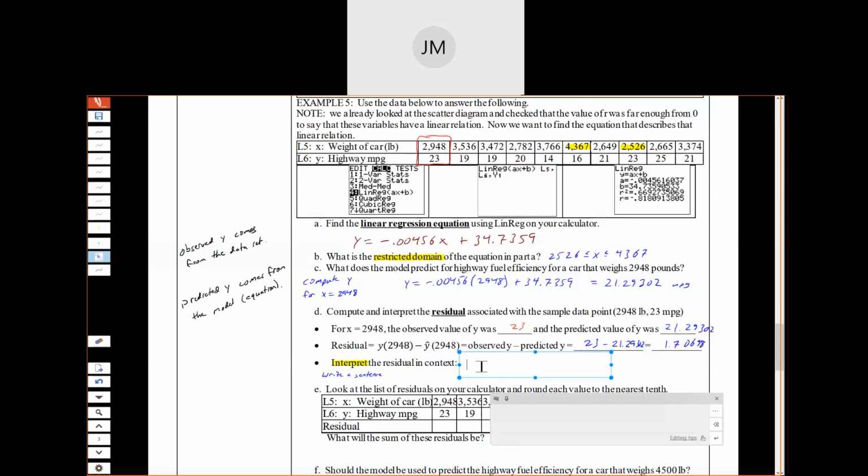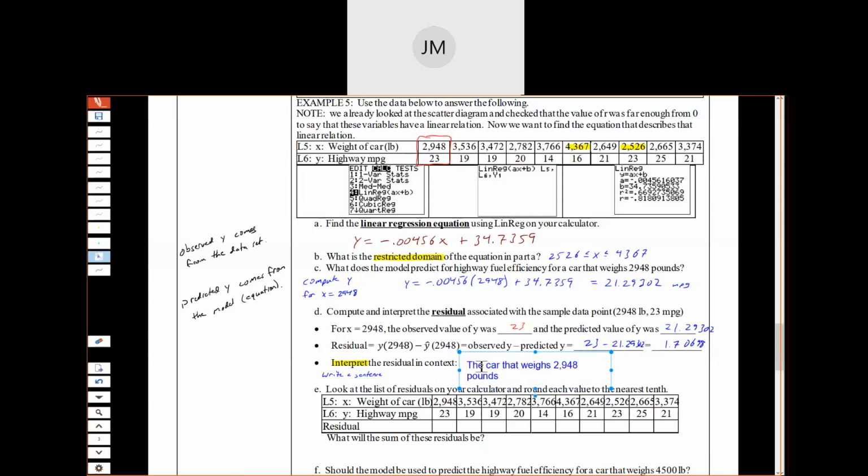So the car that weighs 2,948 pounds gets 1.70698 miles per gallon more than our model predicts.